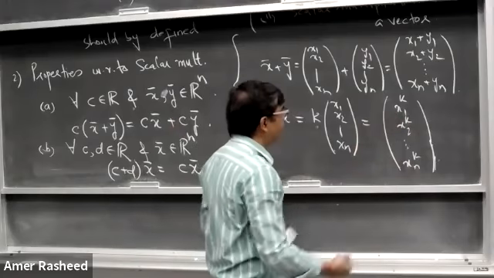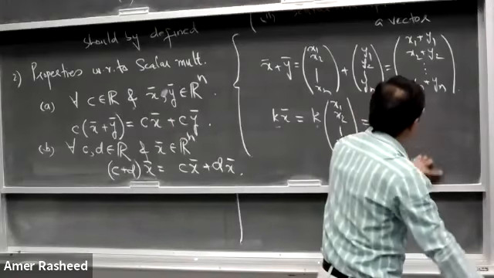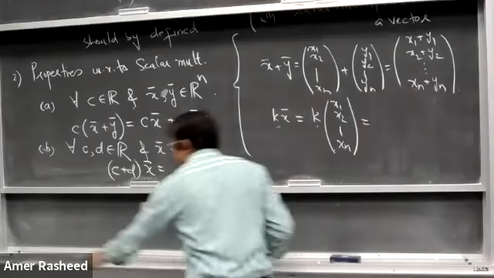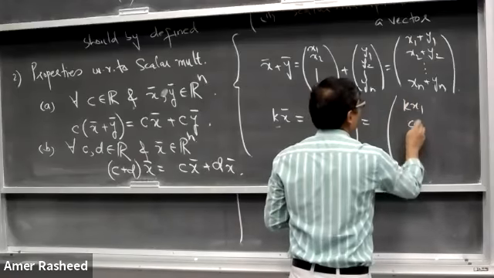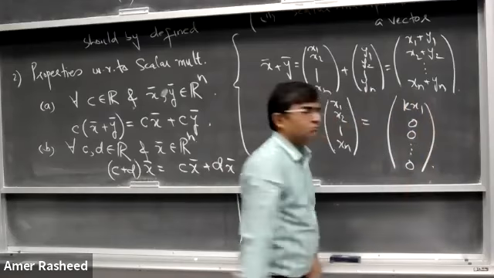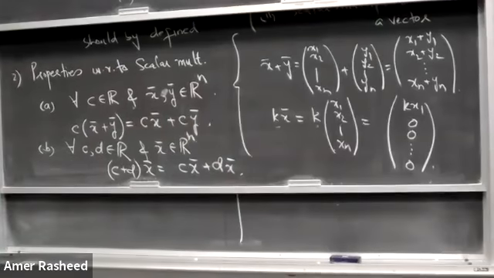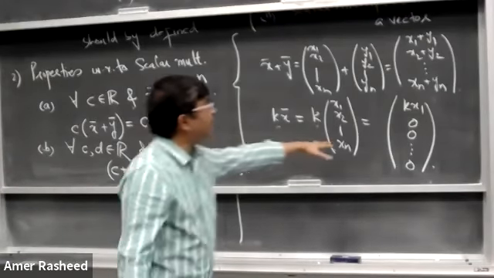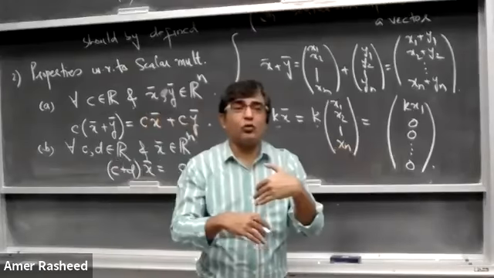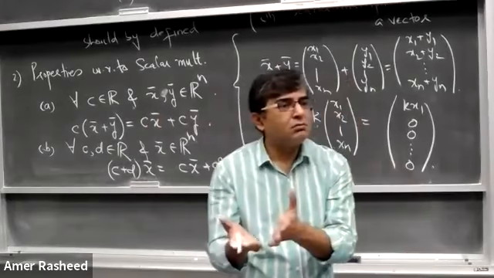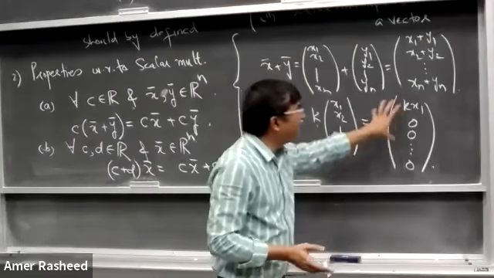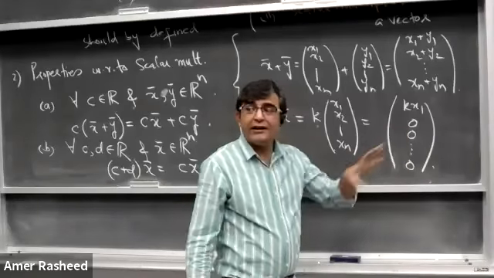I can change it to some other definition depending on the practical application you are working in. I say that the scalar multiplication is k x1 and all other entries are 0. This is the definition. It will definitely have an effect. We will prove all the properties by looking at this definition. We may prove that they are true, or they might not be true according to this definition. It depends.